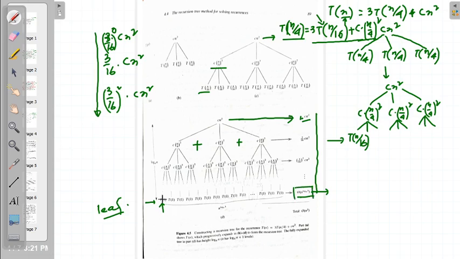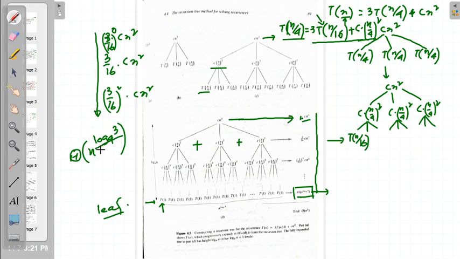It is written that it boils down to theta n to the power log, and this is log because it is not base 2, it is log 3 base 4. So what is the value of log 3 base 4?